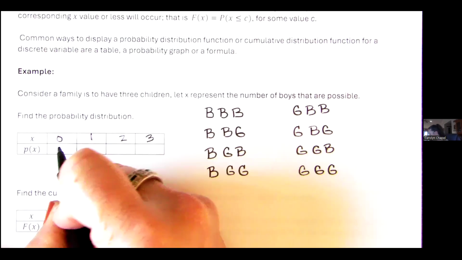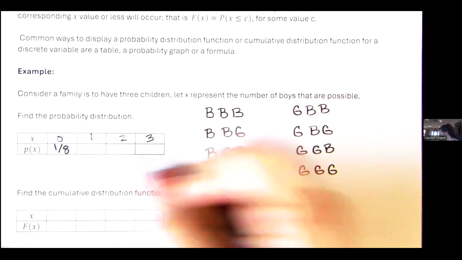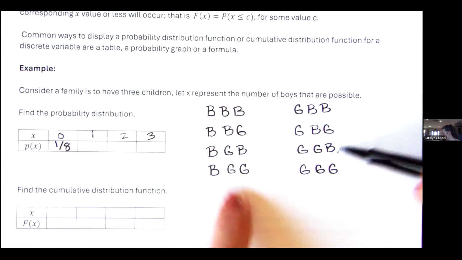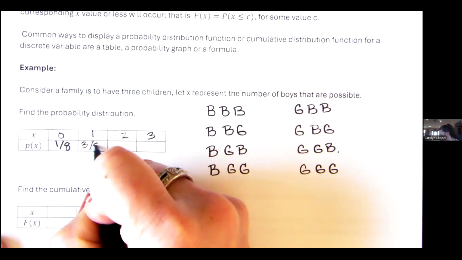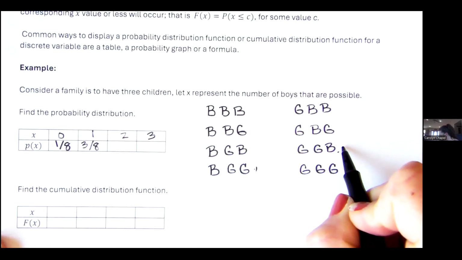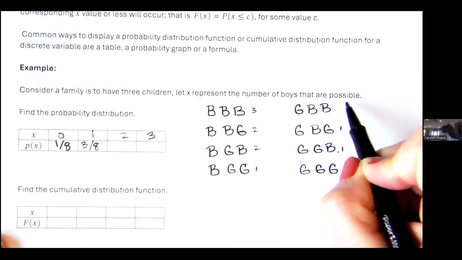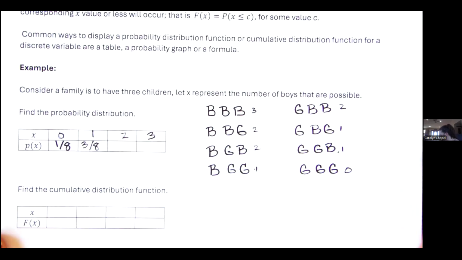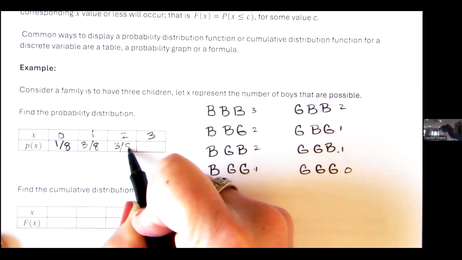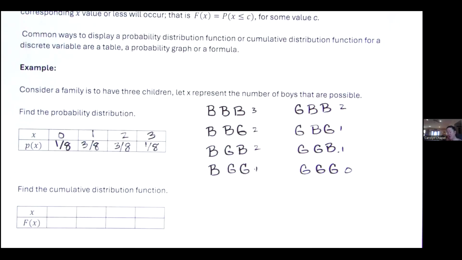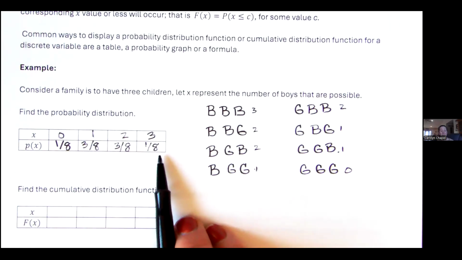So this would be 1 out of our 8. 1 boy, 1, 2, 3. So 3 out of our 8. There was 1, 1, and 1. This was 3. This one has 2, 2, and 2. This was 0. So here's also 3, and here is also 1. Sometimes I will do a quick check just to make sure that those things do add up to 1, because all of the probabilities do add up to 1.